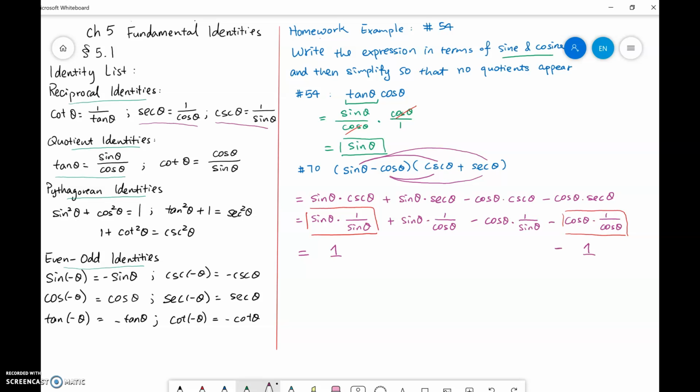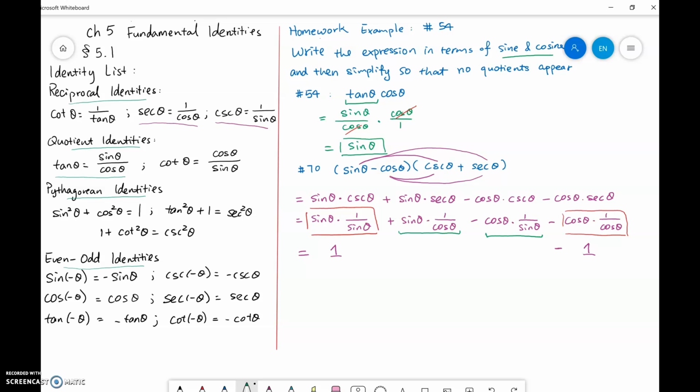Then the second pair we can see is sine of theta multiplied by 1 over cosine of theta, and cosine of theta multiplied by 1 over sine of theta. From the quotient identities, we have tangent of theta equal to sine of theta over cosine of theta, and cotangent of theta equal to cosine of theta over sine of theta.